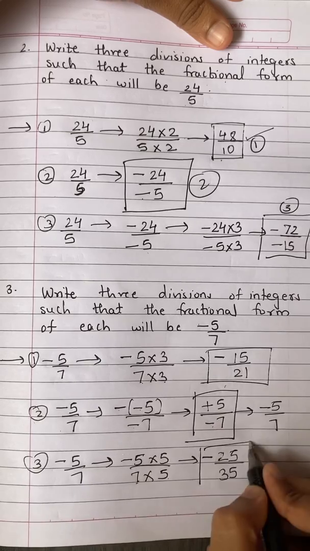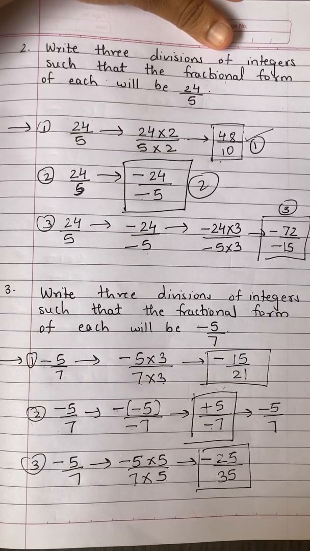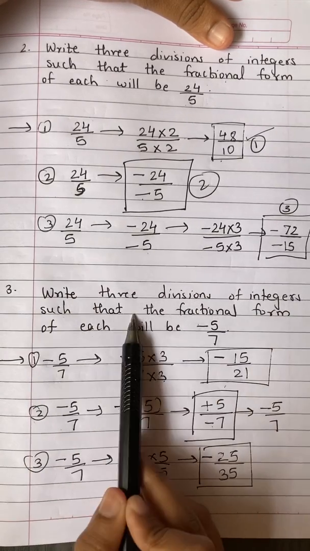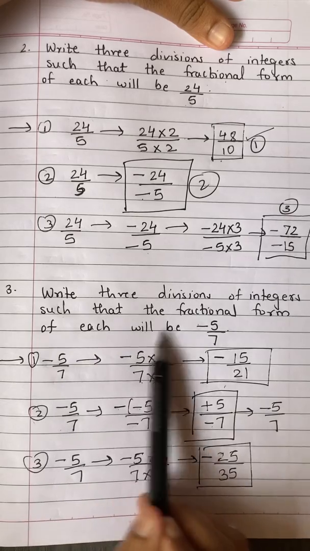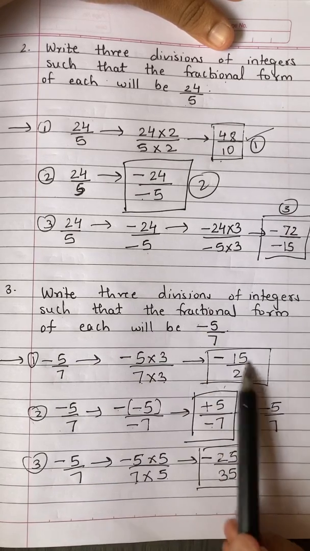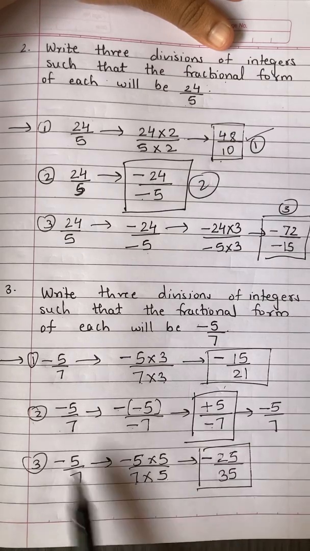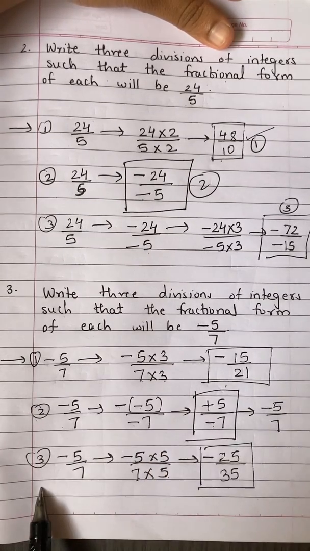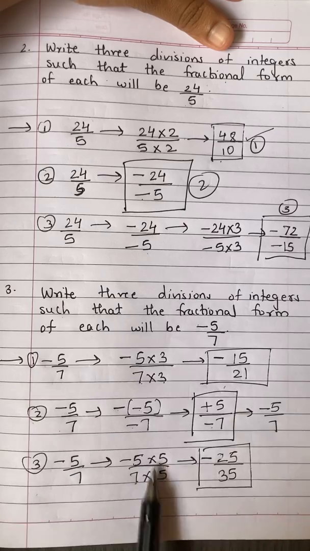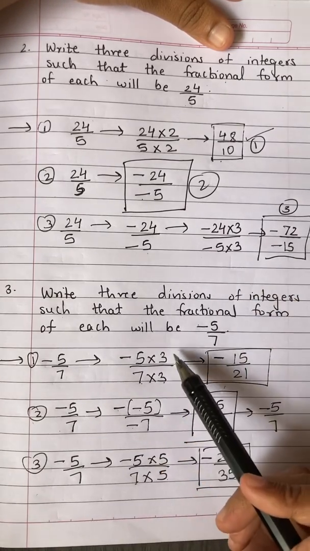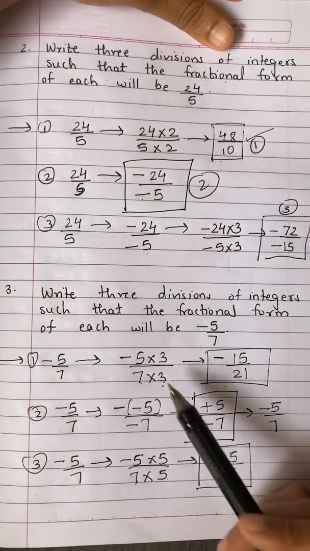So this is the third answer which we get. So we have again found 3 divisions of integers such that the fractional form of each will be this. If we do the divisions of all the 3 answers that we have found, we'll get the same answer. So this is the trick that we have to use. We have to multiply by a number which is common in the numerator as well as the denominator.